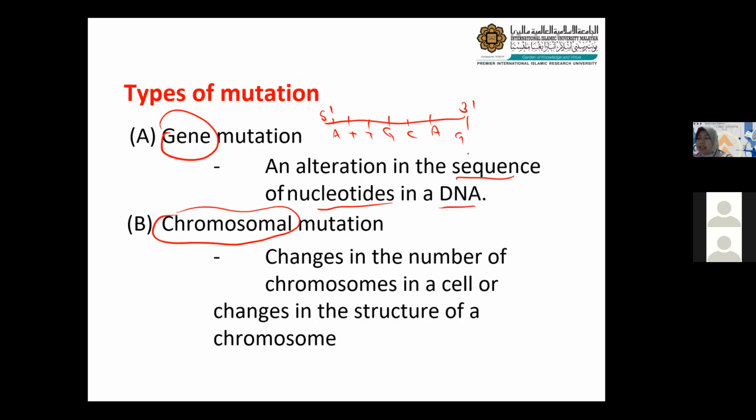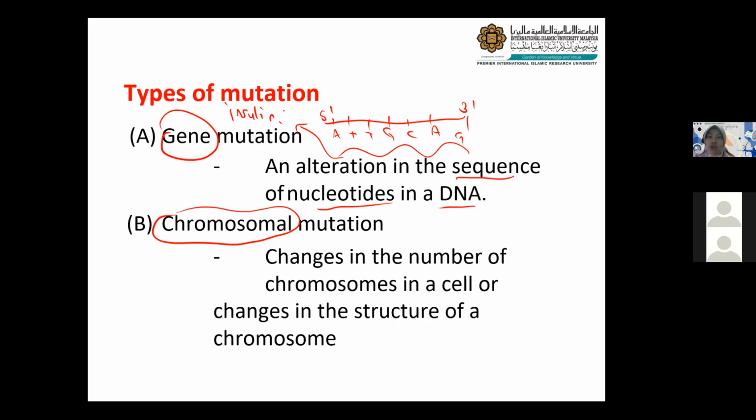So this is the nucleotide sequence containing the gene that codes for insulin. Contohnya, inilah dia punya sequence untuk menghasilkan insulin. So what happened? This sequence is altered.